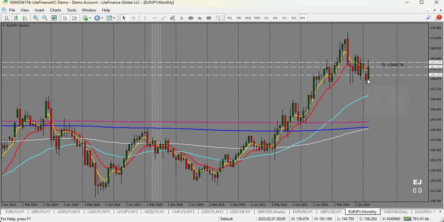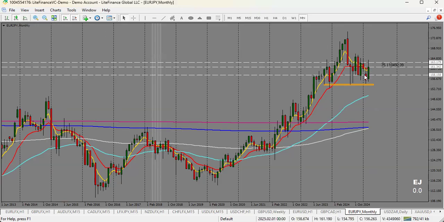And this here is an area of support. This area has not been broken yet. So I would expect this consolidation to hold and continue going up since the fundamentals on JPY have not changed yet.